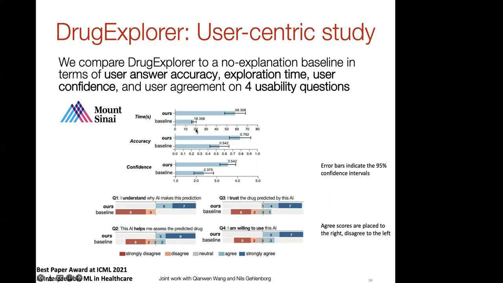And in this particular example, I'm showing results of a study where we show that by providing predictions together with explanations that our model can provide, domain scientists can better understand those predictions. These explanations help them assess the predicted drugs and whether they would trust those novel predictions.